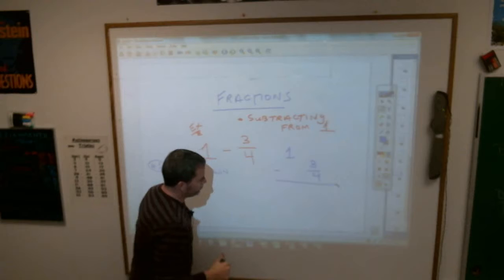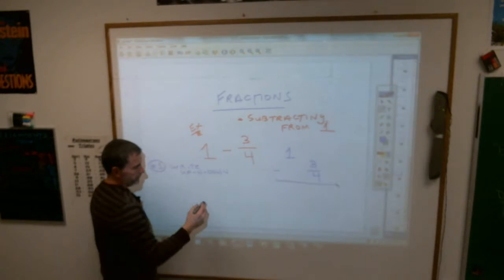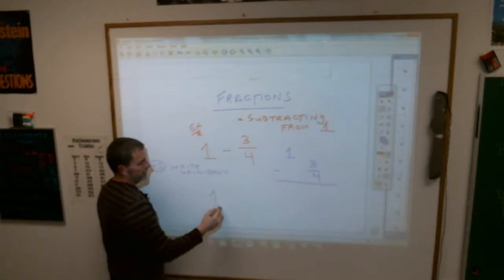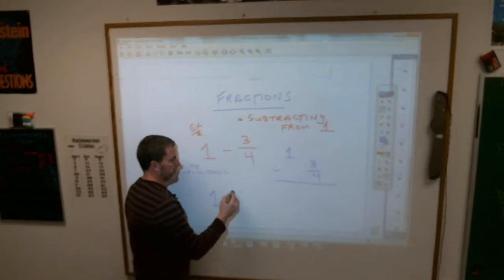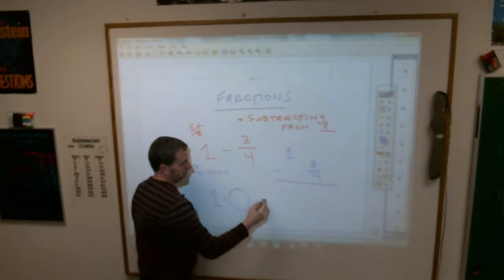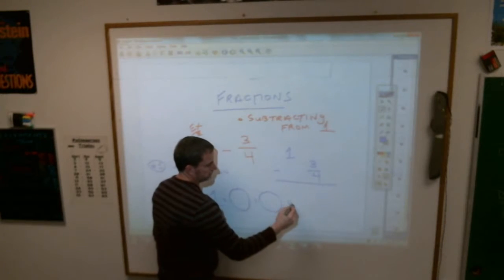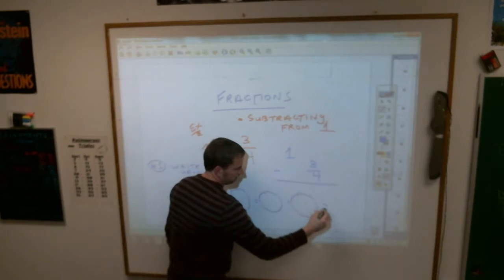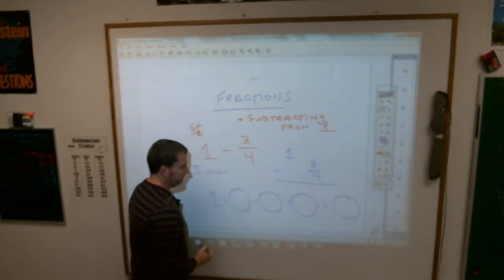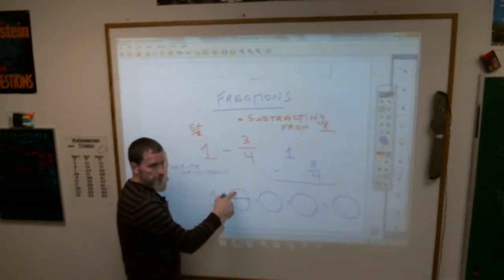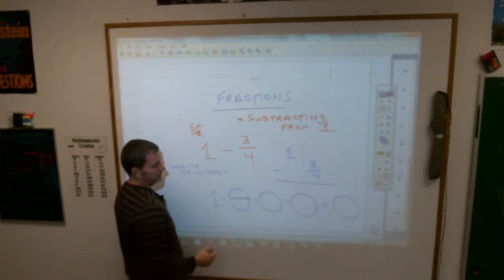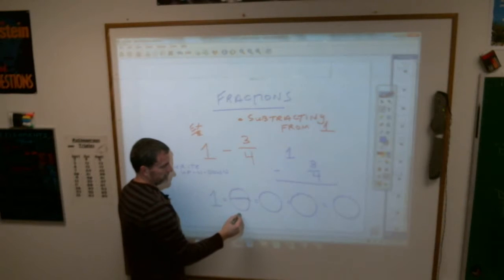Now, let's just take a little side note here. If I asked you what fractions equal 1, well here, let's do a whole bunch of circles. If I take a circle and I cut it in half, how many halves do I have for 1? 2. Yeah.